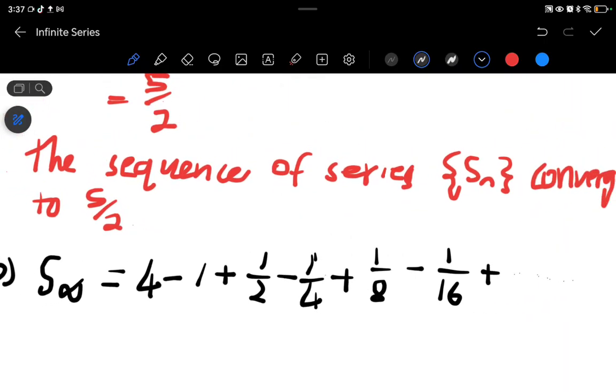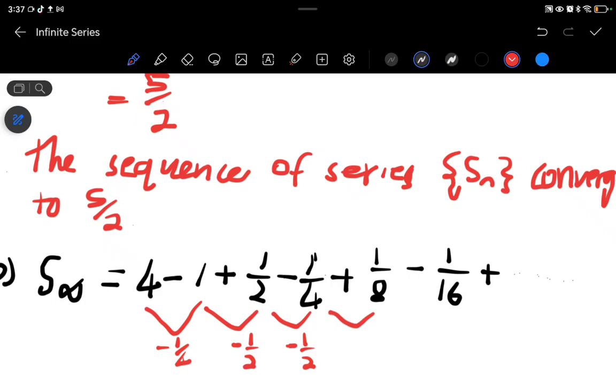So we say, minus 1 divided by 4 would be minus 1 over 4. You agree, right? And then 1 over 2 divided by minus 1 will be minus 1 over 2. And minus 1 over 4 divided by 1 over 2 will be minus 1 over 2. Minus 1 over 2.